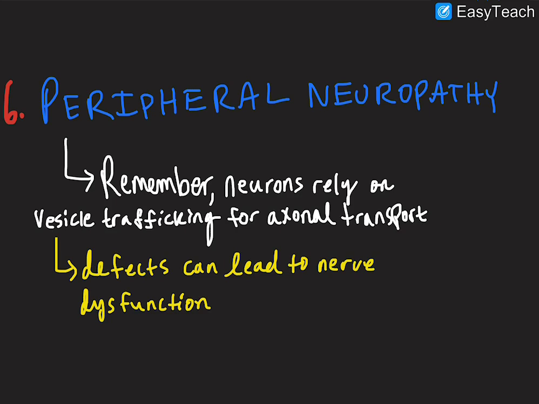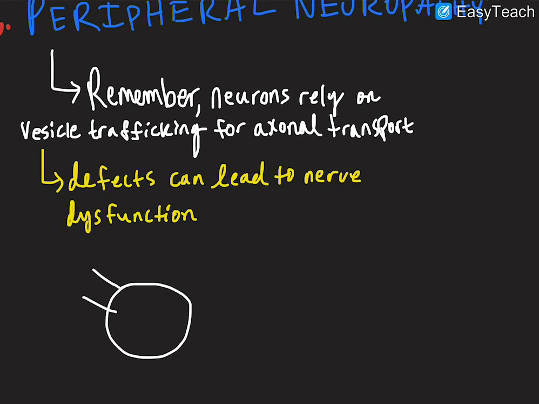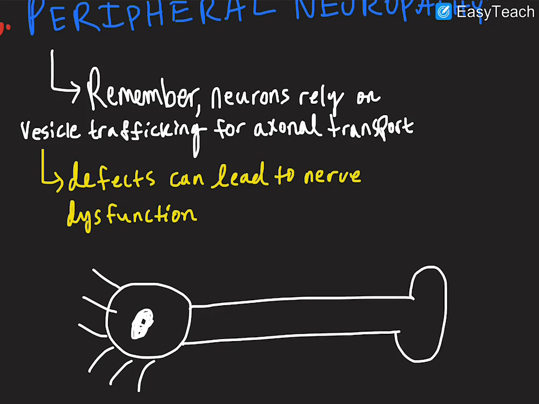Another finding we should talk about is neurological dysfunction, one of them being peripheral neuropathy. Let's see why. Remember, you need microtubules to transport vesicles inside your cell. So in your neuron, you need microtubules. If we draw a neuron like this, we've got our dendrites, your cell body, then your axon, and then your terminal.